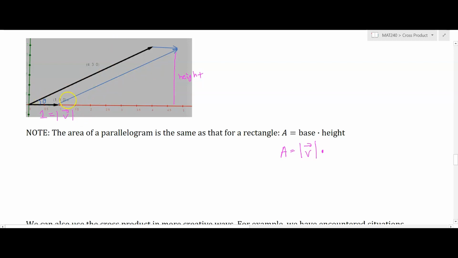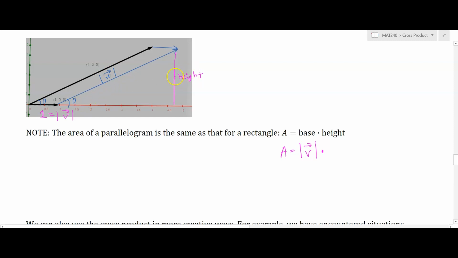So if that's theta, then this angle here is also theta. And this vector here is the same as the 4, 3, 0 vector here. So this blue side has a length of magnitude of w.